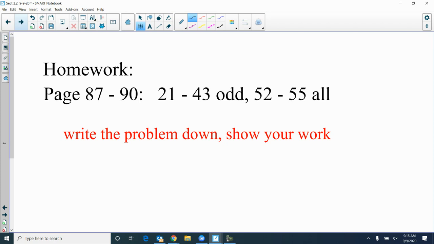So number 21, make sure you put 21. And then 23. And then 25. Always put down the actual number.